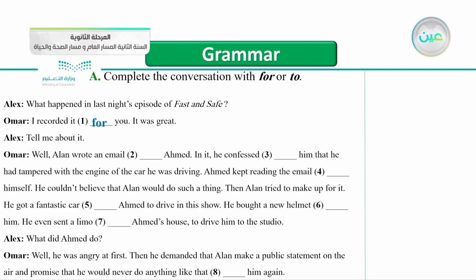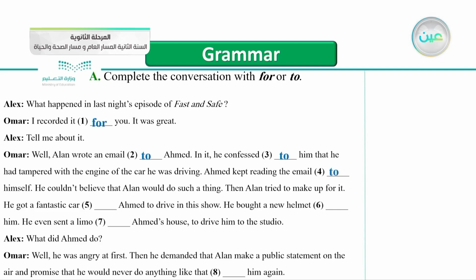Tell me about it. Well, Alan wrote an email, Ahmed. Yes, very good, to Ahmed. So the email is going to Ahmed. In it, he confessed, very good, he confessed to him that he had tampered with the engine of the car he was driving. Ahmed kept reading the email, yes, to himself.